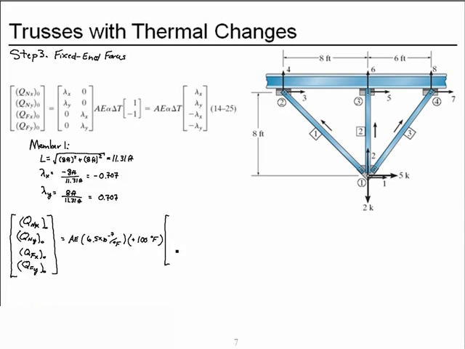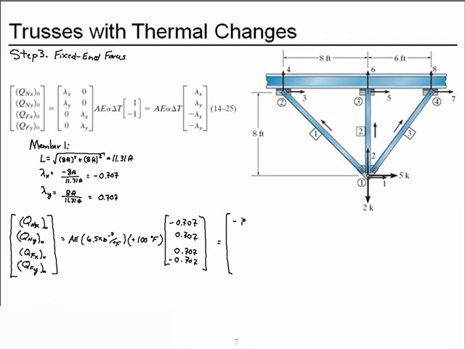We need our directional cosines, lambda x, minus 0.707, lambda y, 0.707, minus lambda x, which gives us a positive 0.707, and minus lambda y, which gives us a minus 0.707. And if we put those together, multiply these two together, and then times the negative 0.707, I'll incorporate the AE inside the brackets.